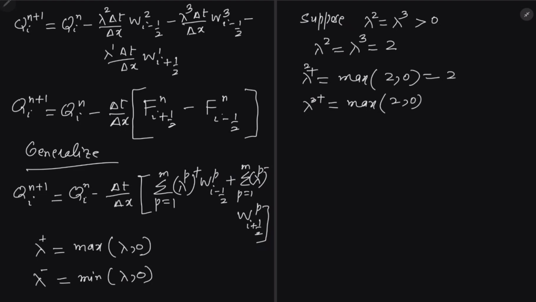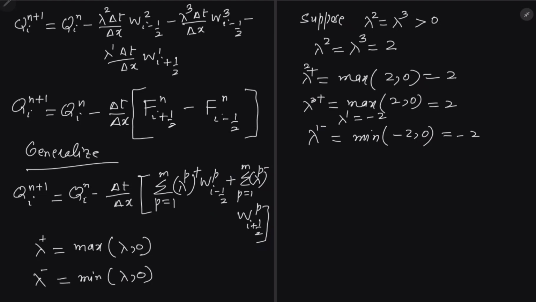The maximum of this will be 2. When we have, for example, lambda 1, which has a negative speed, then we take the minimum. In that case, lambda 1 is minus 2. The minimum of 0 and minus 2 is minus 2. So this will only survive. Okay, that's how we identify the waves.